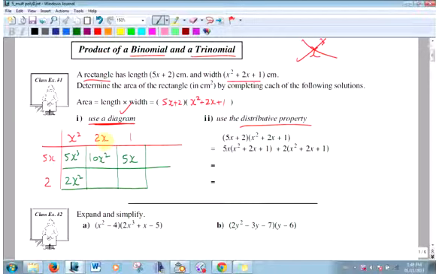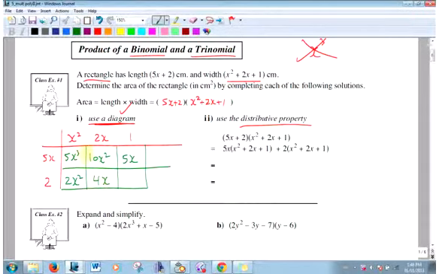Bailey already got one. Yes. 4x. Just say 4x. Okay.